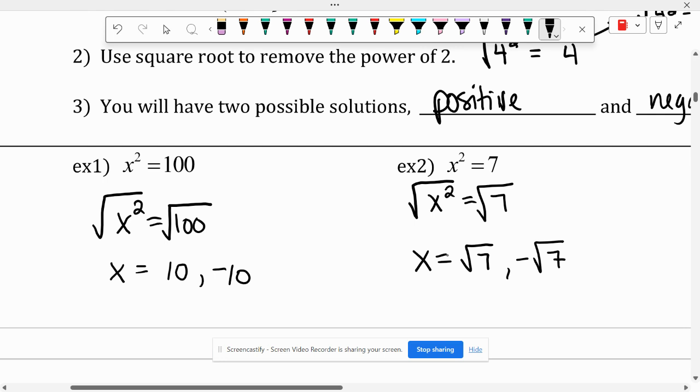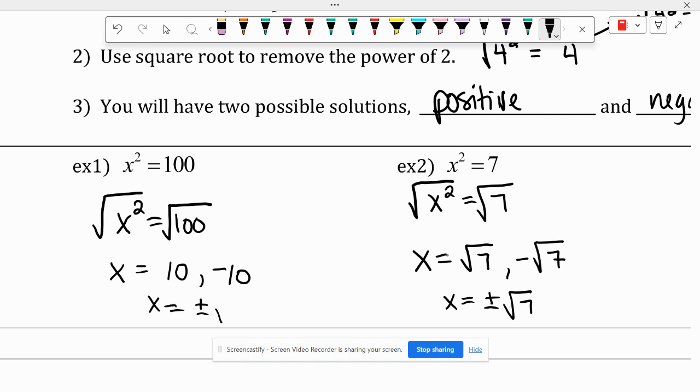And you can write them like this. If you want, you can write it like this: plus or minus the square root of 7. X equals plus or minus 10. Sorry, not square root, but x equals plus or minus 10. You don't have to. You can list them out, but you can write it like that.